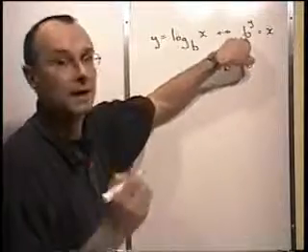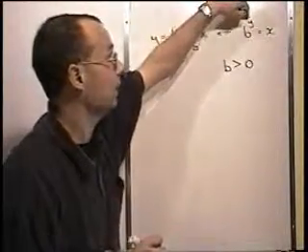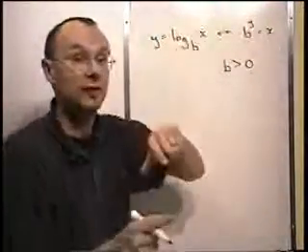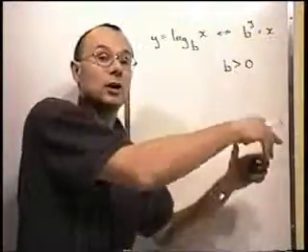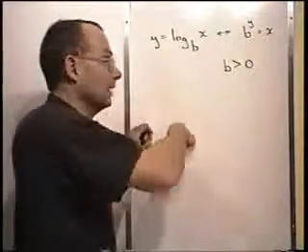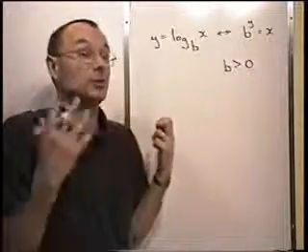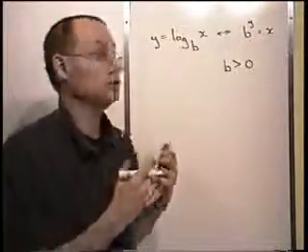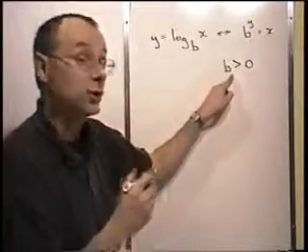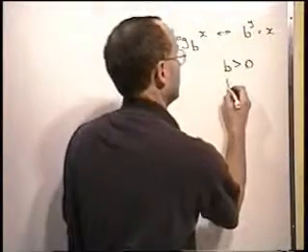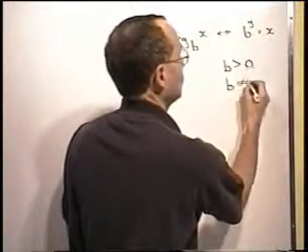If it's a negative number, as the y's change, this thing oscillates from a positive to a negative, and it just doesn't behave the way we like a function to behave. Another restriction on b is that it cannot equal 1.